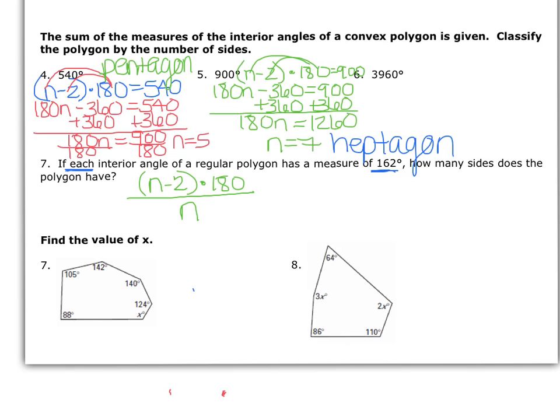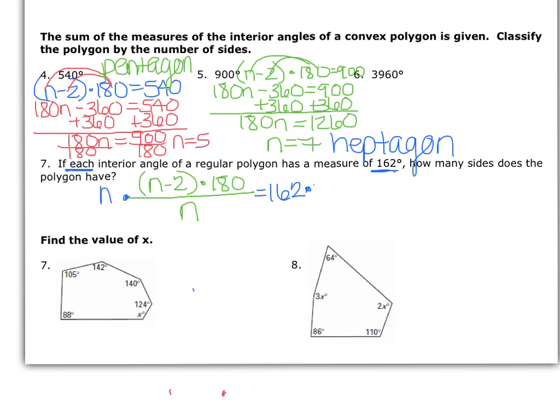So in this question, they took the sum and divided it by the number of sides so they could get the measure of one angle, and when they did that, they came out with 162. We've got to solve this. Remember the first step, if you're looking at an equation with a fraction, is to clear the fraction by multiplying by the denominator.